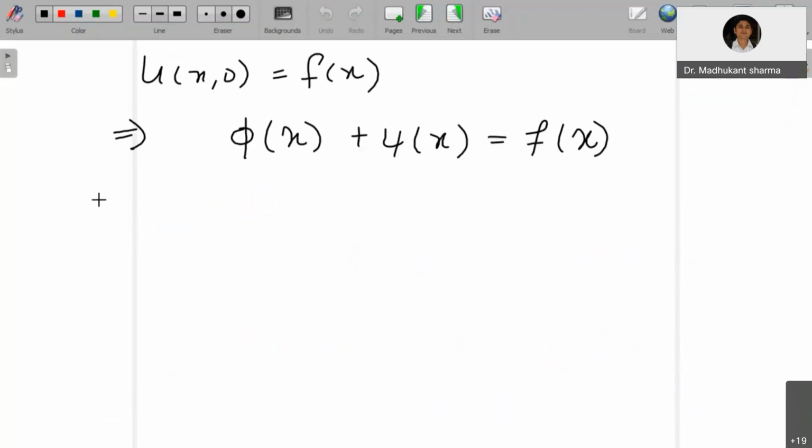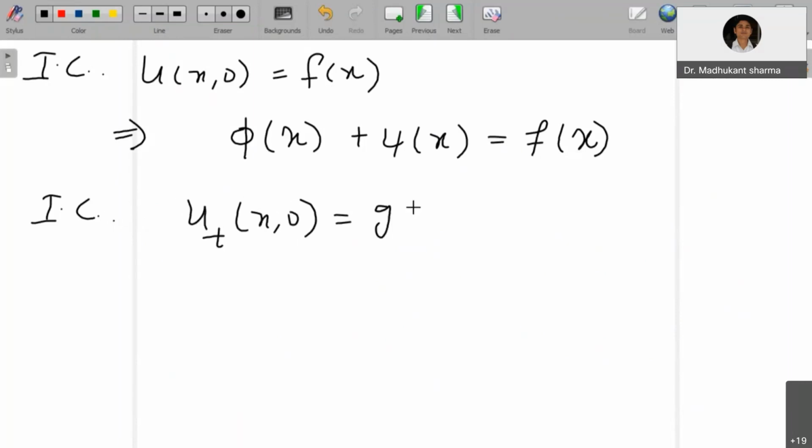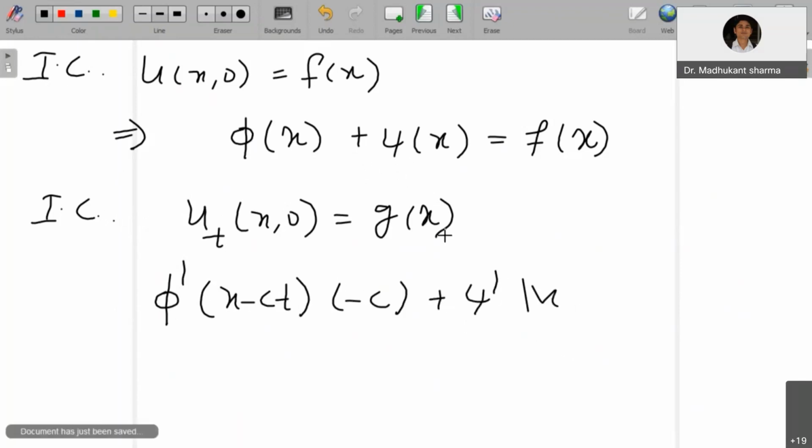Now, another initial condition is u_t at (x, 0) equals g of x. So you are differentiating with respect to t partially. Use the chain rule: phi dash of (x minus ct) times minus c, plus psi dash of (x plus ct) times c.